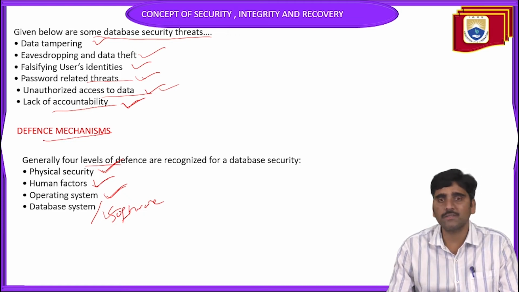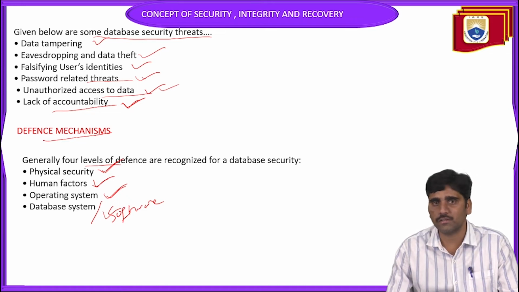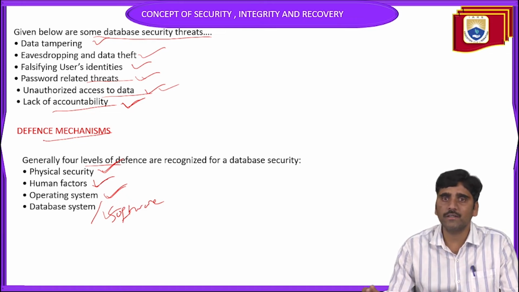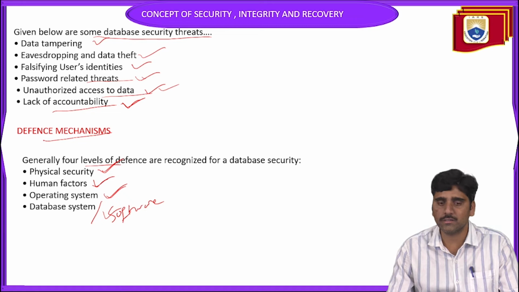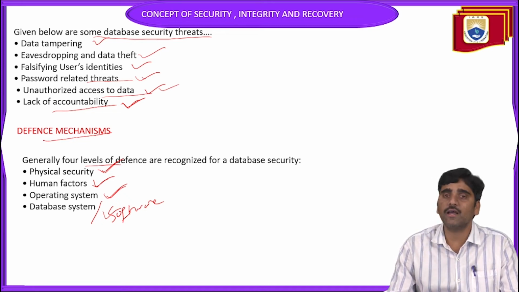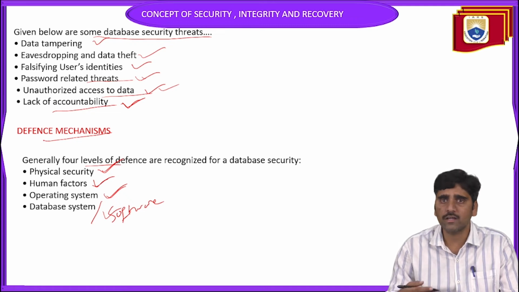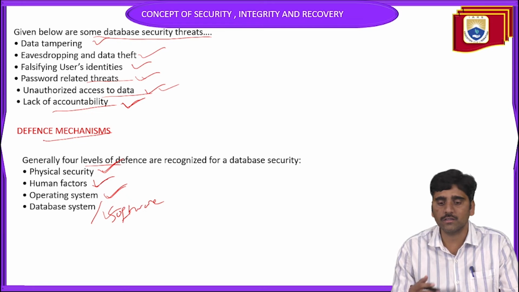And next, database software or database system. Different types of database software are there: Oracle, MySQL, DB2. We can check whether they provide database security or not, and install that database software, so that we can defend against tampering attacks or security threats to the database.